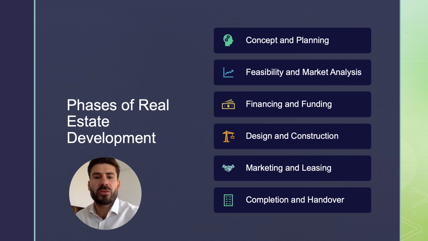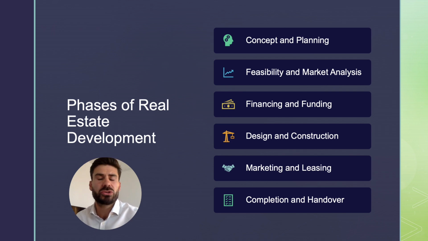So, the development of a commercial property project typically unfolds in several phases. It all begins with the concept and planning phase, where the initial idea is shaped into a viable project. This is followed by feasibility studies and market analysis to assess the project's potential. Next comes financing and funding, which secures the necessary capital to move forward with the project.